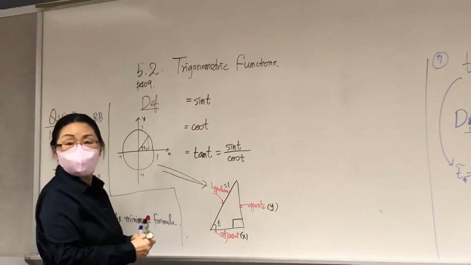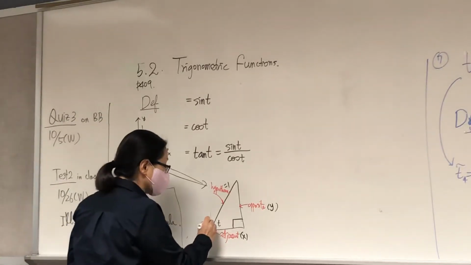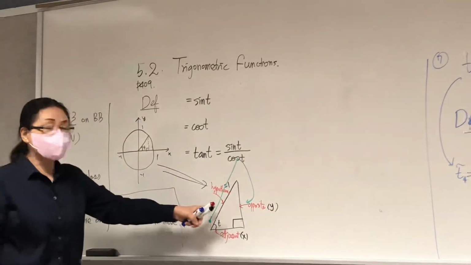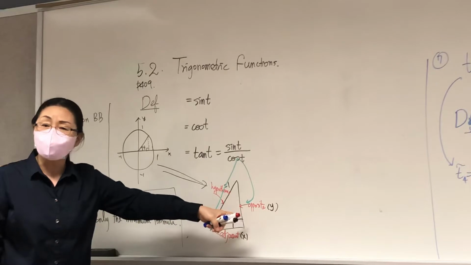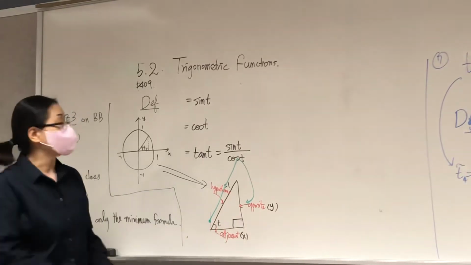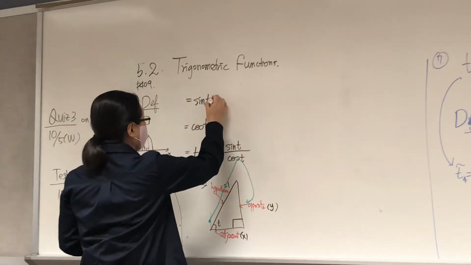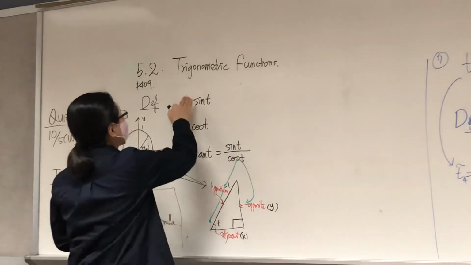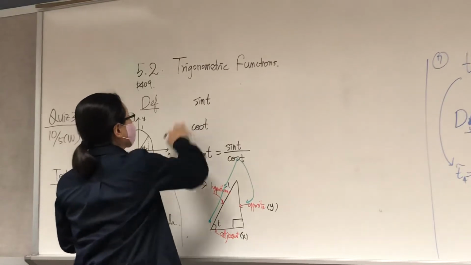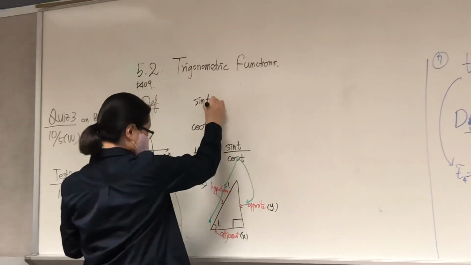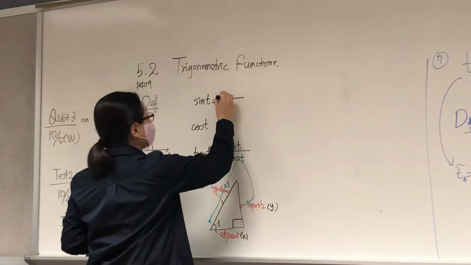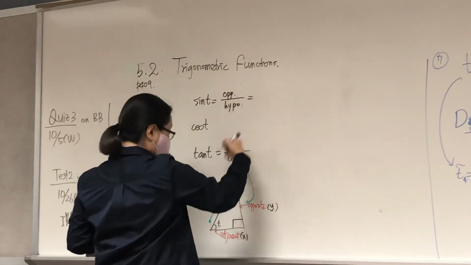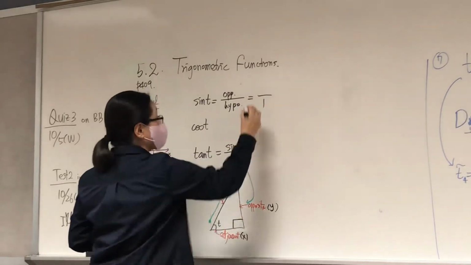Starting from the angle, sine means the ratio of this: this one goes in the denominator, this one goes in the numerator. So the definition of sine is opposite over hypotenuse. Hypotenuse is 1, opposite is y.